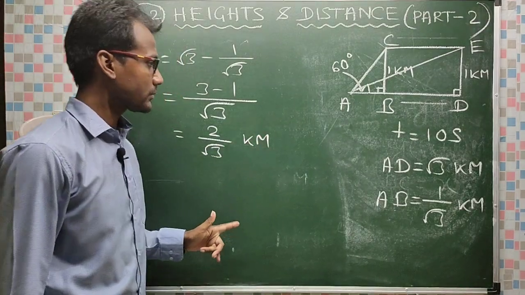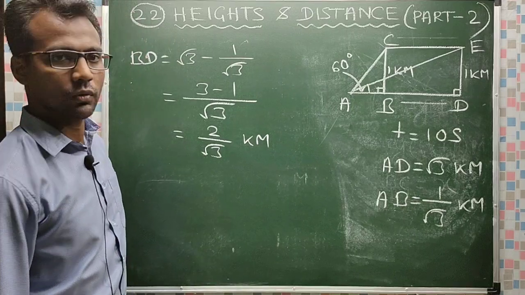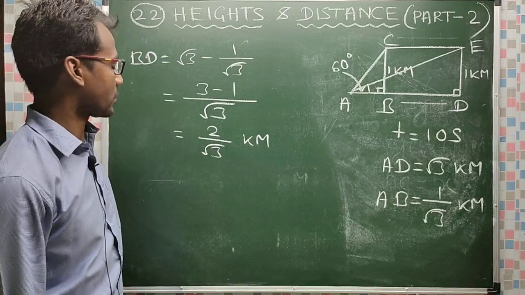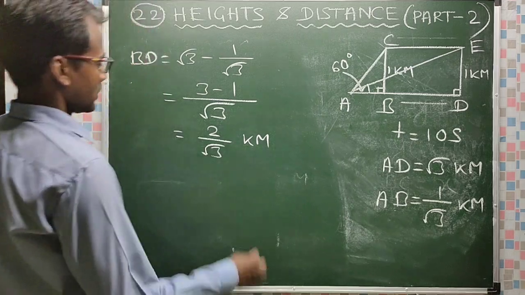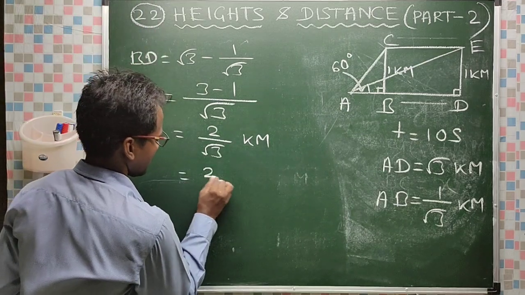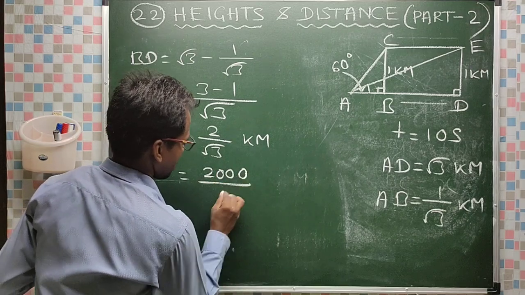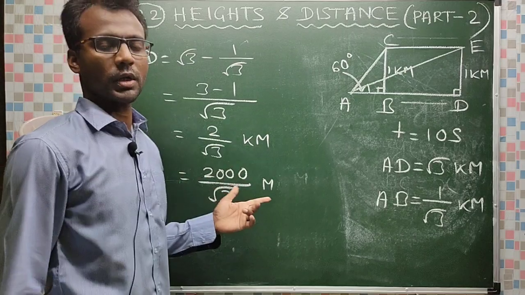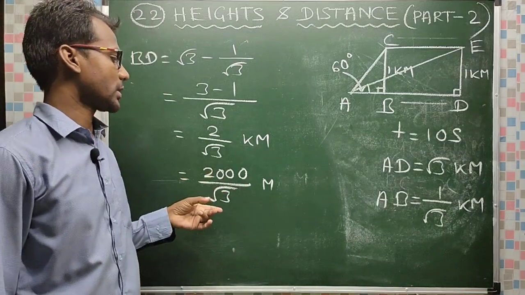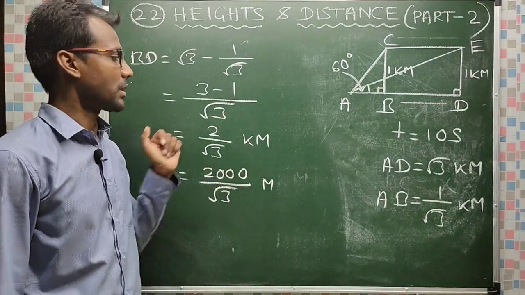Okay. Let's convert to meter per second. 2 by root 3 kilometers will be 2000 by root 3 meters. 1 kilometer is equal to 1000 meters. So 2 by root 3 kilometers is equal to 2000 by root 3 meters.